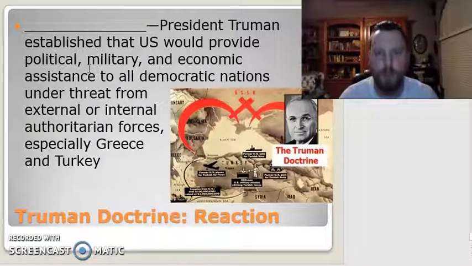Usually when U.S. presidents come up with a system in dealing with other countries, we refer to this as a doctrine. This is their hard rule for dealing with a certain geographical area.